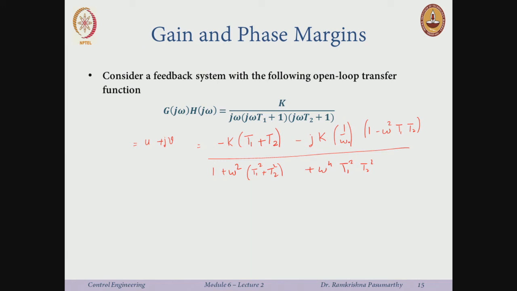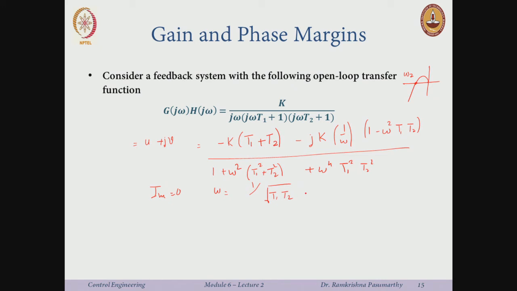If I look again at that plot which I had shown, and I am interested in finding the gain margin, then at this omega 2 which I defined earlier, the imaginary part should go to 0. The imaginary part goes to 0 when this term goes to 0, which happens when omega is 1 over the square root of T1 times T2.